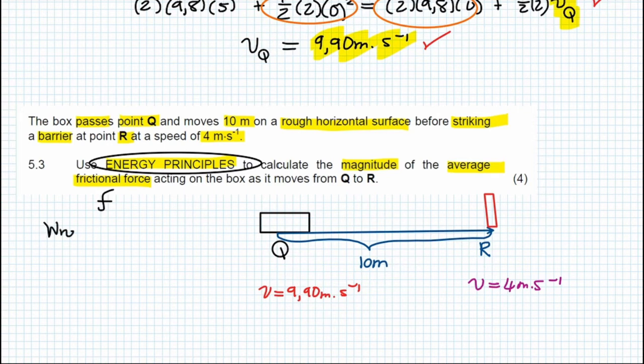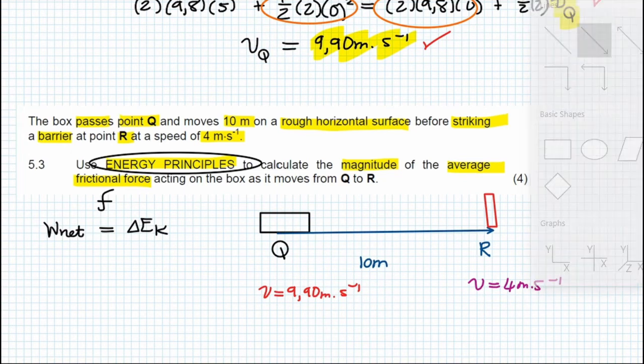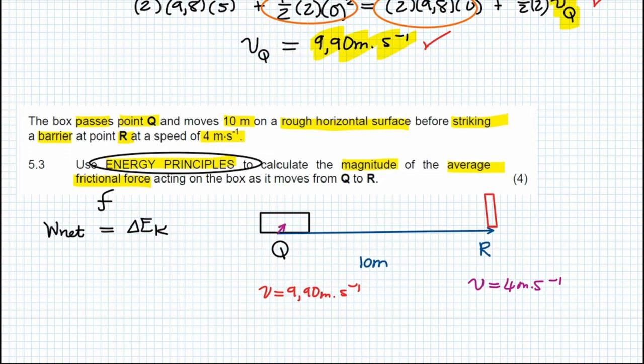It is the net work is equal to the change in the kinetic energy of the object. In order to deal with the net work, we are interested in the net force acting on this box. So let's go to the diagram and write on all of the forces acting on block Q. It is also helpful to draw a free body diagram, so you're either going to draw yourself a free body diagram or you're going to draw directly onto the sketch provided on your question paper.